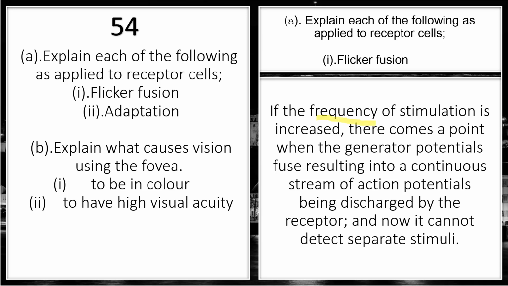If the frequency of stimulation is increased, there comes a point where the generator potentials fuse, resulting in a continuous stream of action potentials being discharged by the receptor, and now it cannot detect separate stimuli.